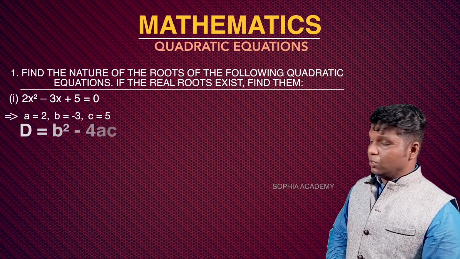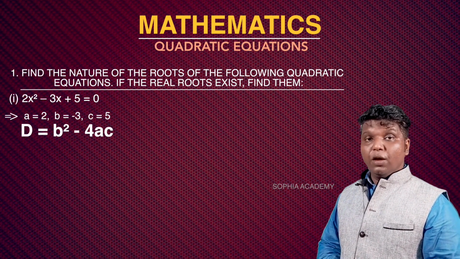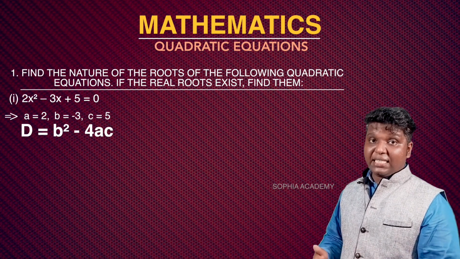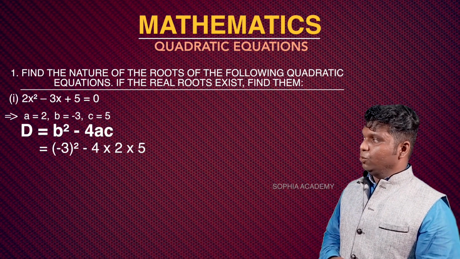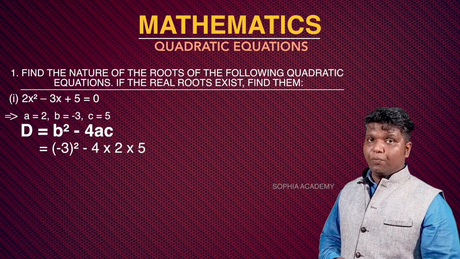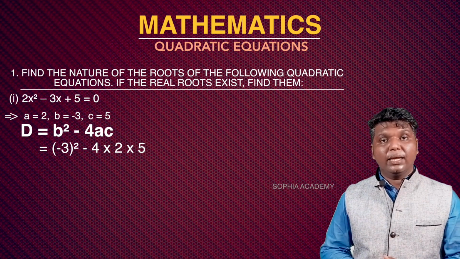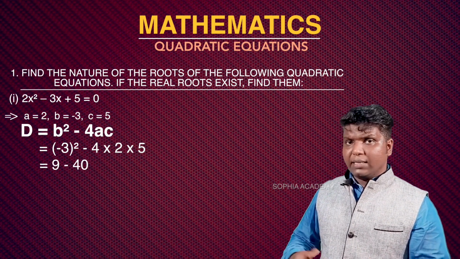Discriminant capital D is equal to, use the formula, b square minus 4ac. What is b square here? Here the value of b is minus 3. So you will write minus 3 the whole square minus 4 into, what is a? It is 2. And what is c? It is 5. So by substituting the values, you will get 9 minus 40. What is 9 minus 40?